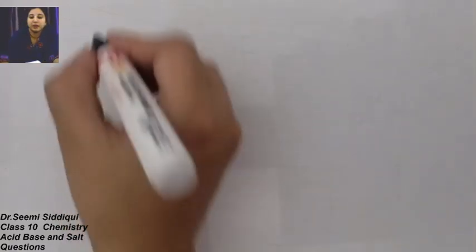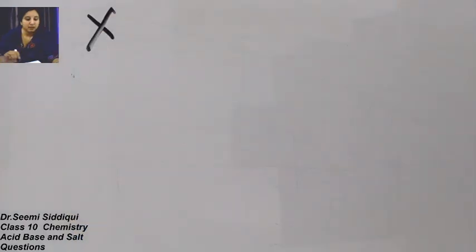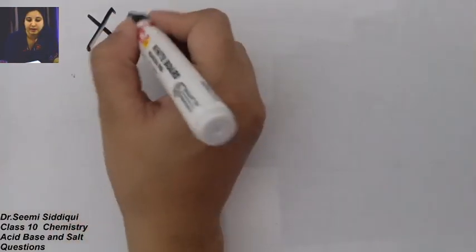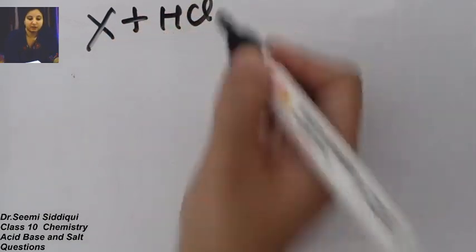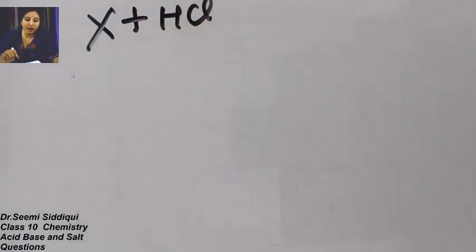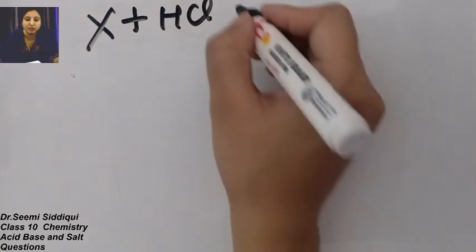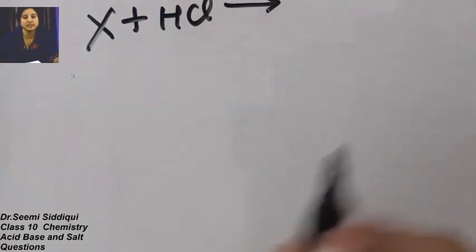Coming to the next question. The next question says a metal carbonate X on reacting with an acid, I am writing, gives a gas when passed through a solution. Over here we are getting some gas.